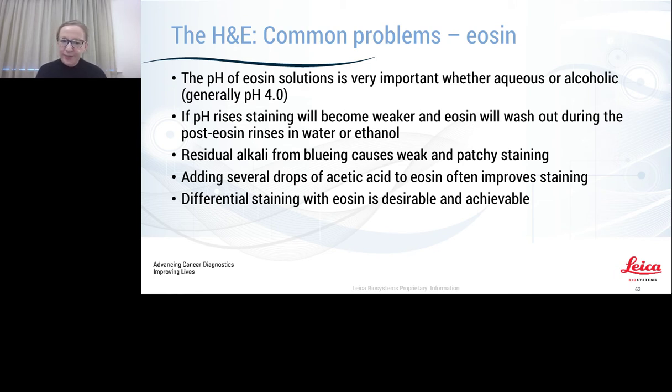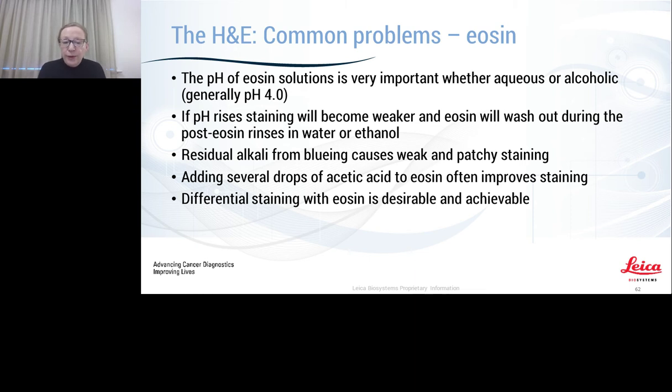So eosin, again, the pH of eosin is very important, whether you use an aqueous eosin or an alcoholic eosin. Generally around pH 4 is good. If the pH rises, the staining becomes weaker, and the eosin, even though it appears to be staining, will wash out during the post-eosin rinses.